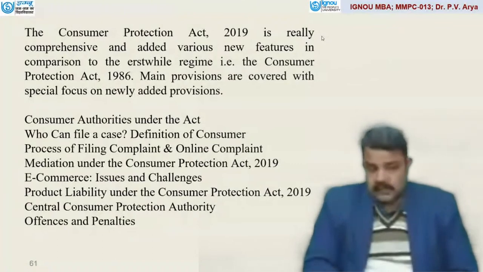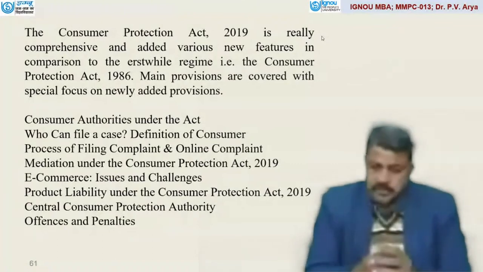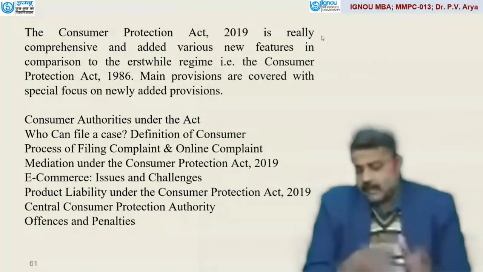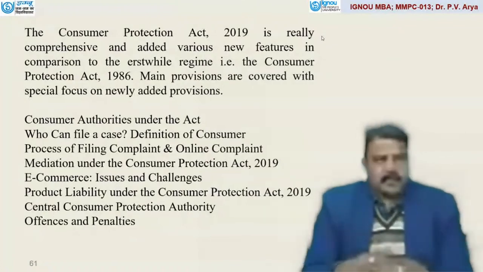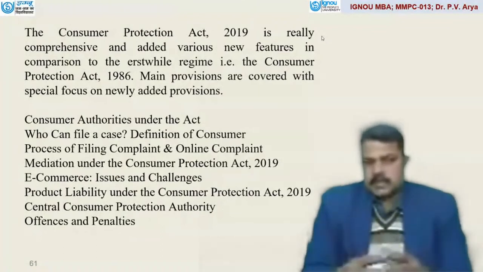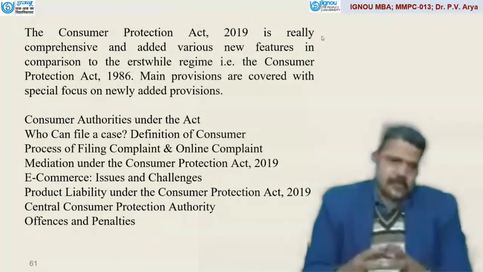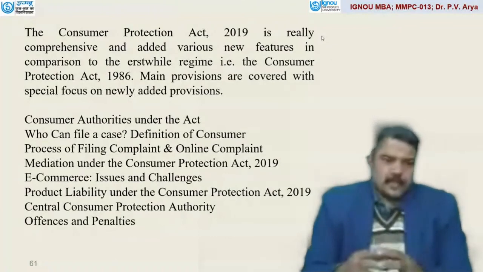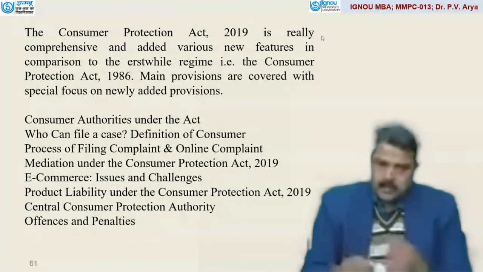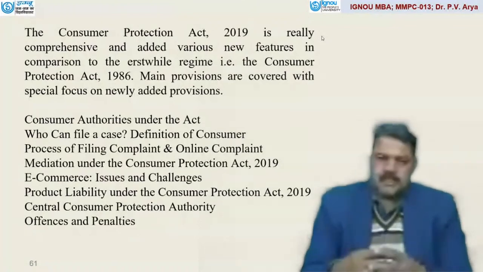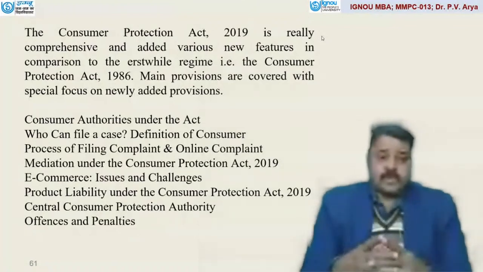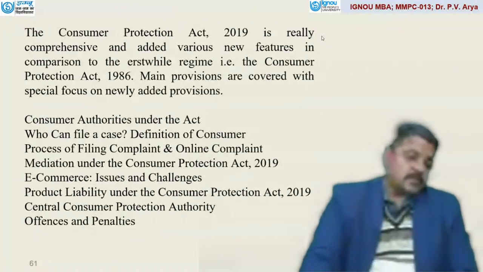Well, we have seen a new terminology, that is e-commerce, that is evolving over the period of time, which was not there in 1986. So, in addition to these new terms, concepts and business models have been added to include the rights of a user as well as the responsibility of the producer or business houses as well.